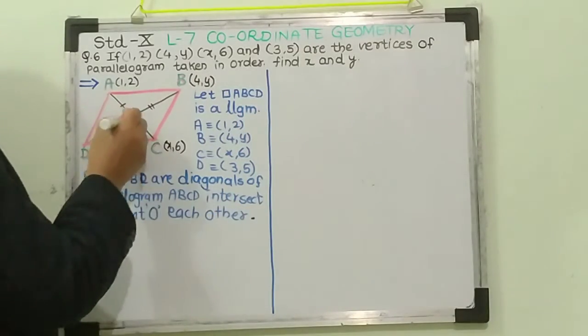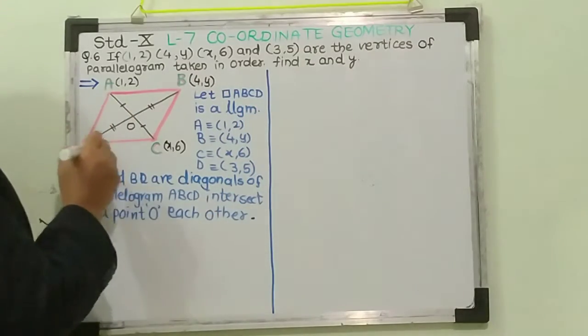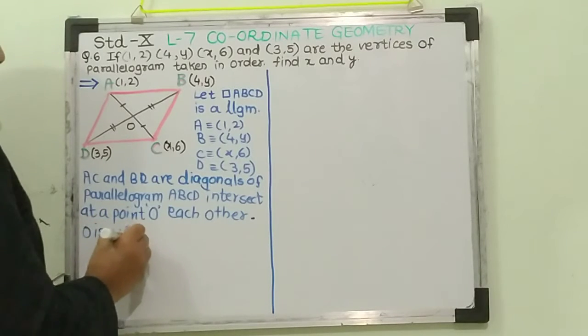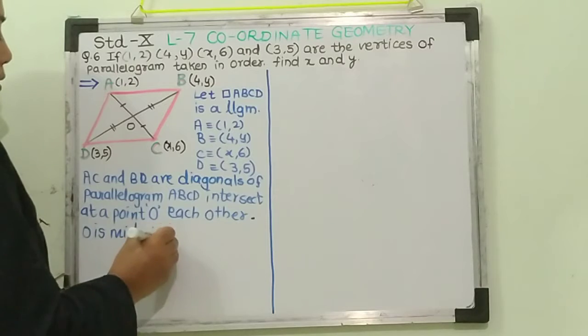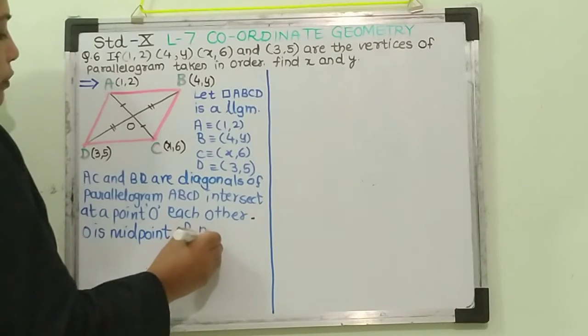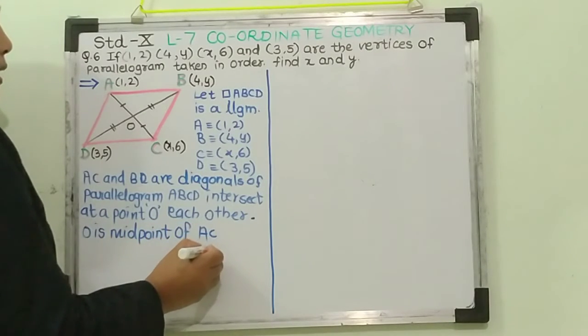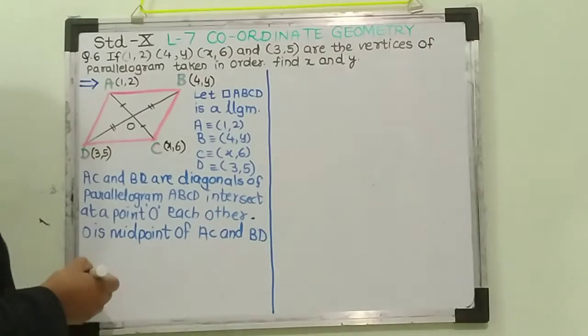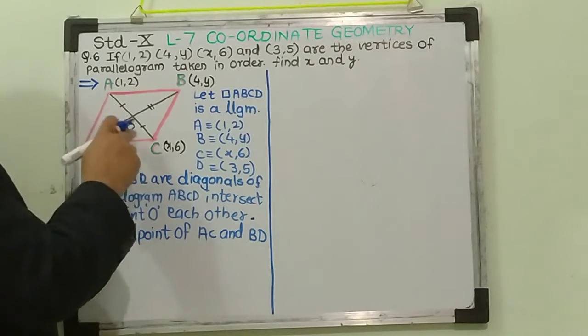So we can say that O is the midpoint of AC and BD, because they intersect each other.